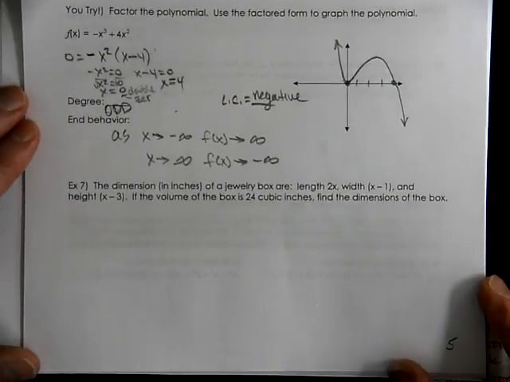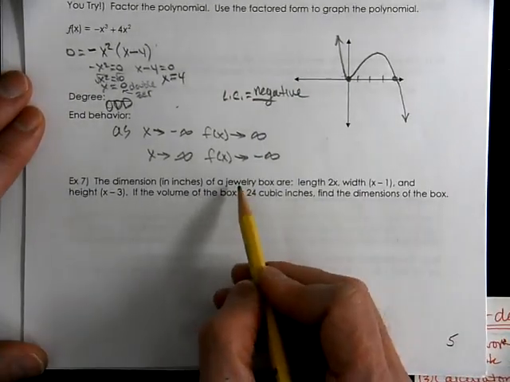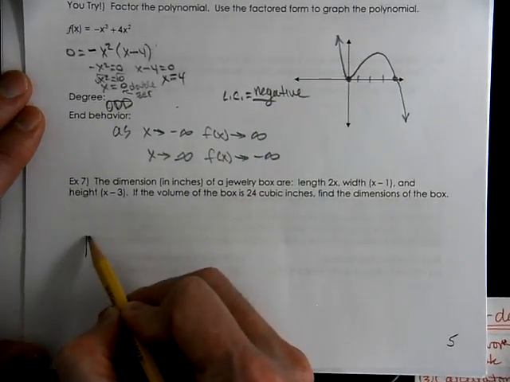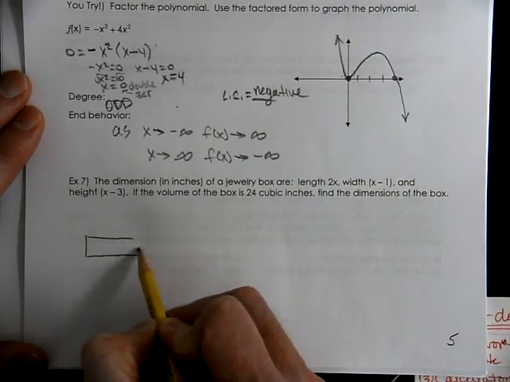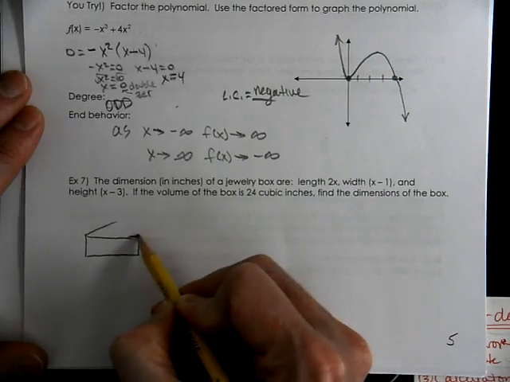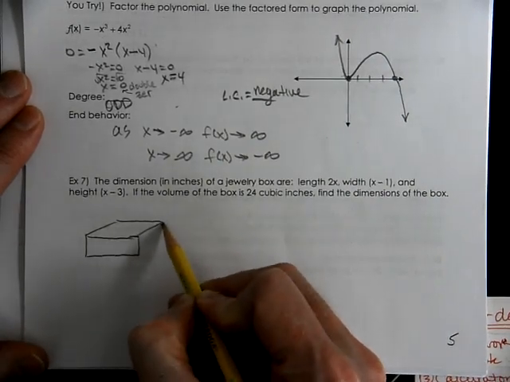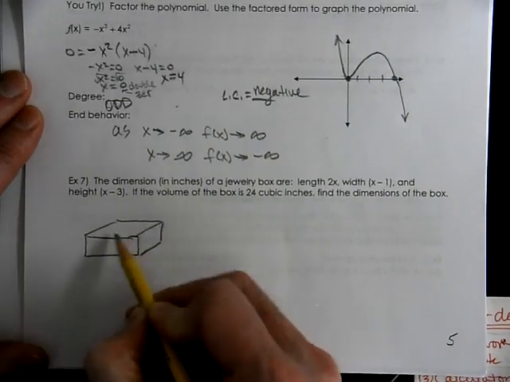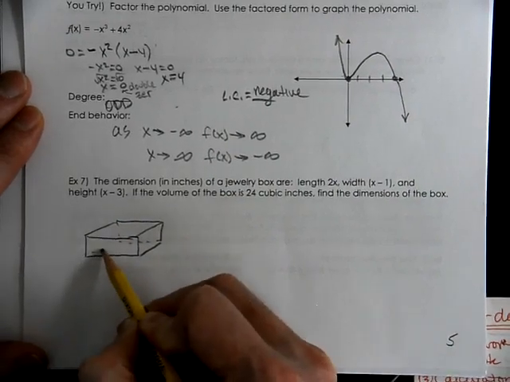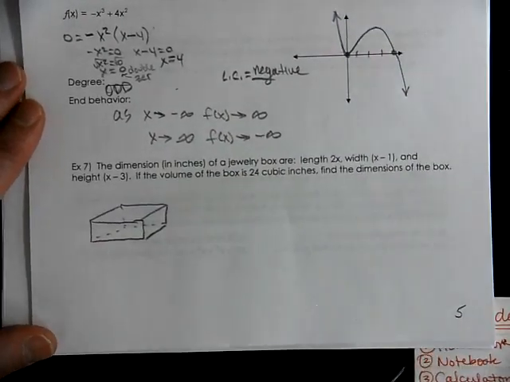Okay, our last question. Looking at a jewelry box. We know that a jewelry box is going to be what we call a rectangular prism. This jewelry box is.